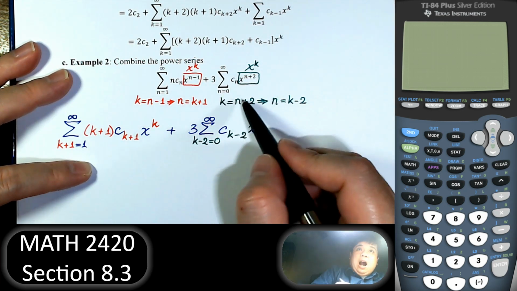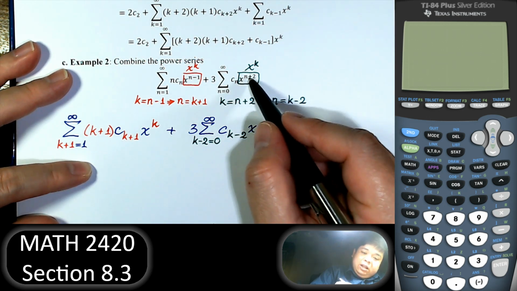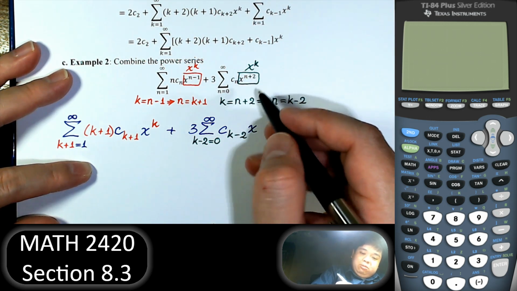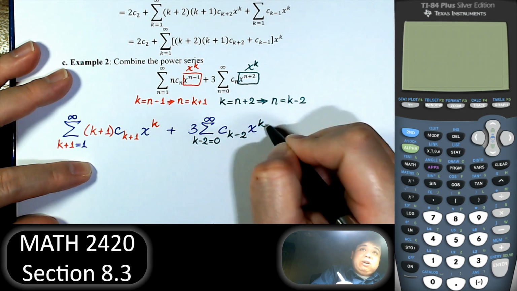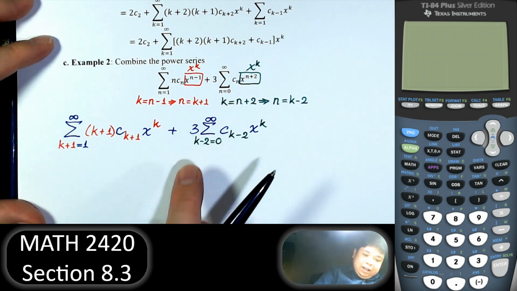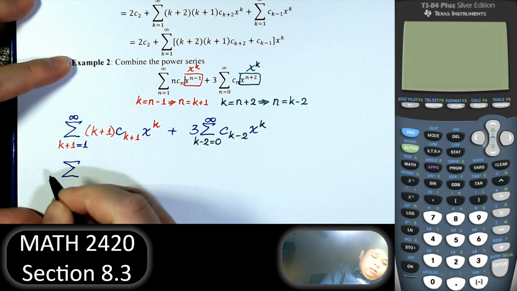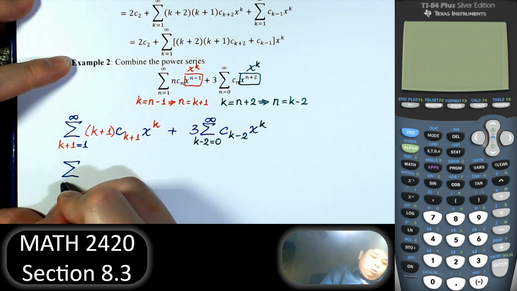Every time we have n, I'll use substitution, and by the way, n plus 2, so that should be k. When we do this substitution, all of them should be x to the k. Right, now just take care of the lower limit. Subtract 1 on both sides, we have k equal to 0.